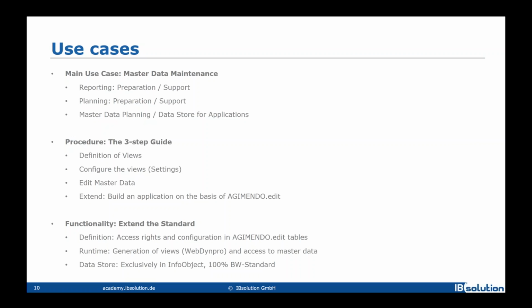So if you have some approval system, you can have a view for your requester of the same info object and a view for the approver.